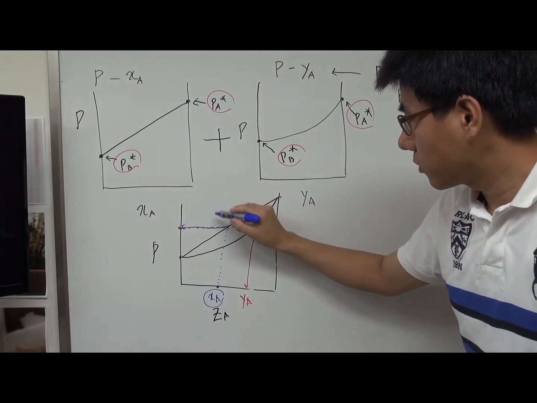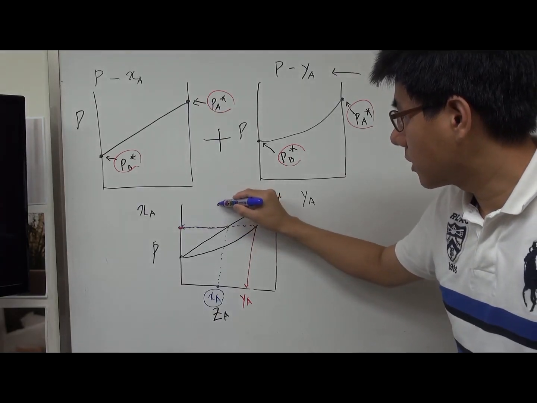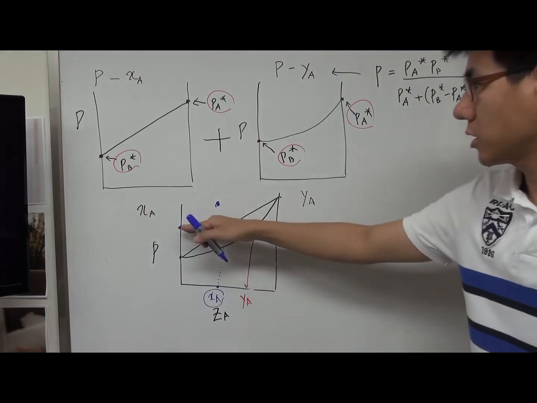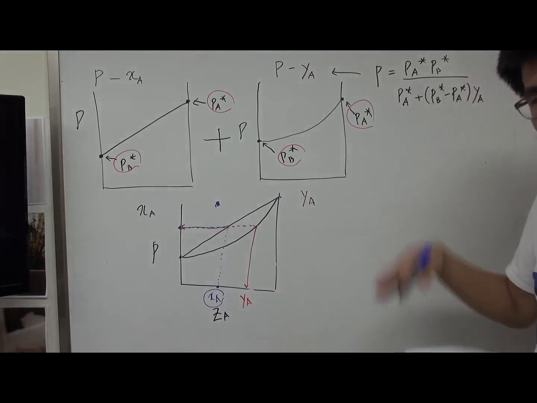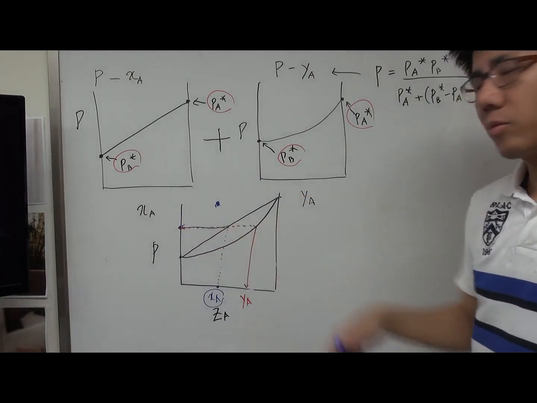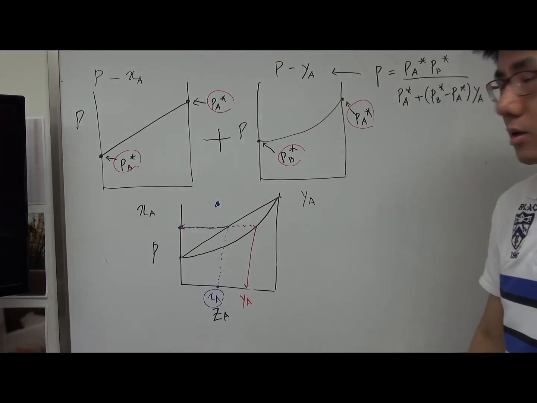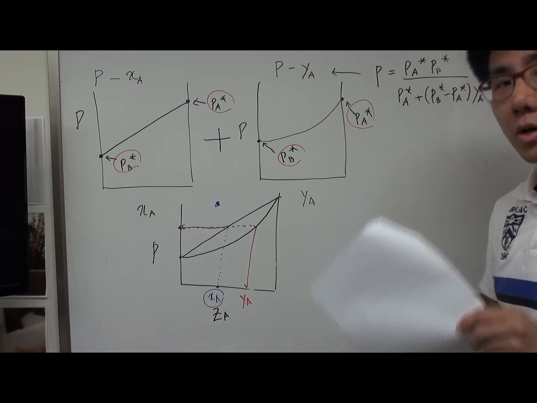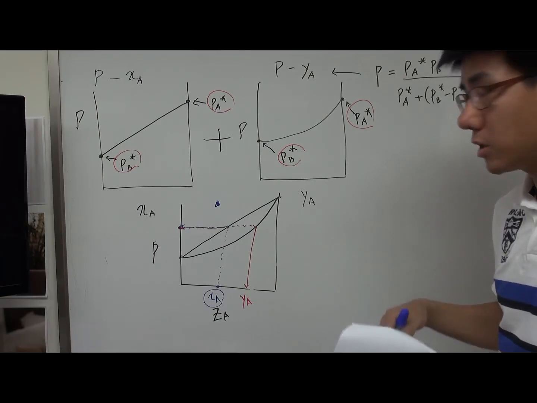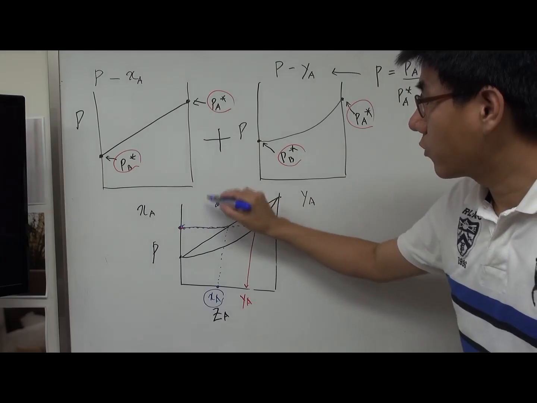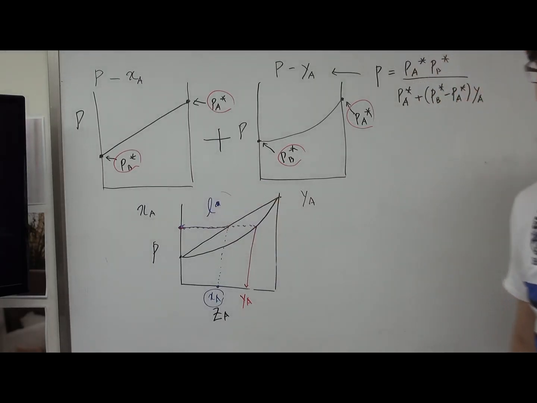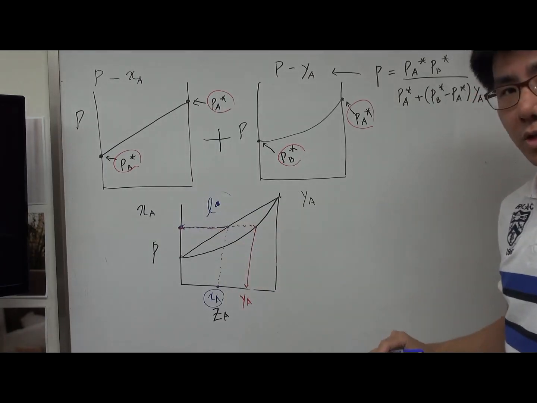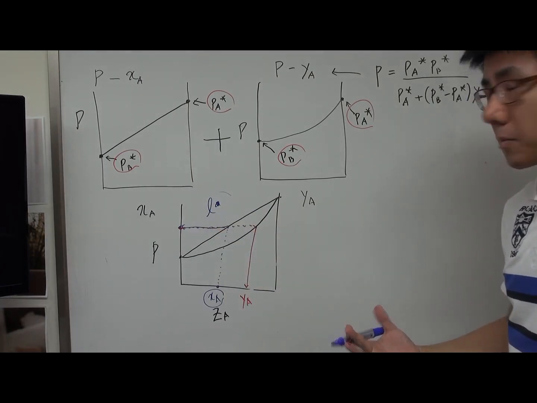What if the pressure is larger than this number? So for example here, the pressure is larger than the vapor pressure. Then the vapors would be condensed, right? Which means that this area represents the liquid phase, larger pressure than the vapor pressure.